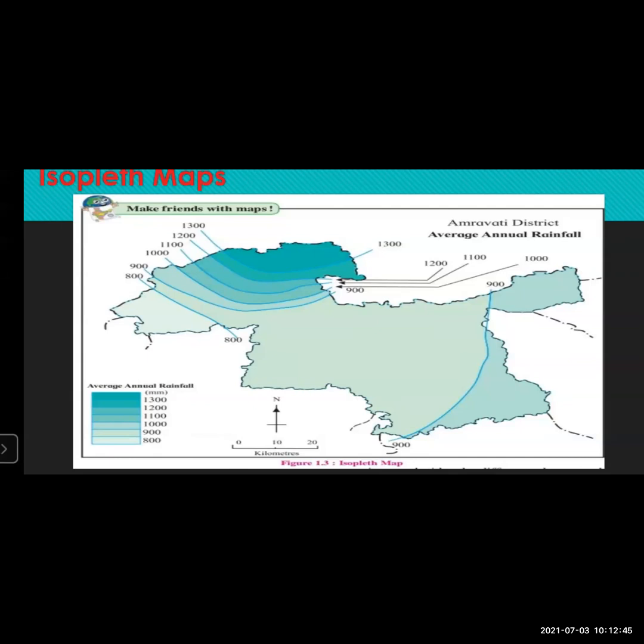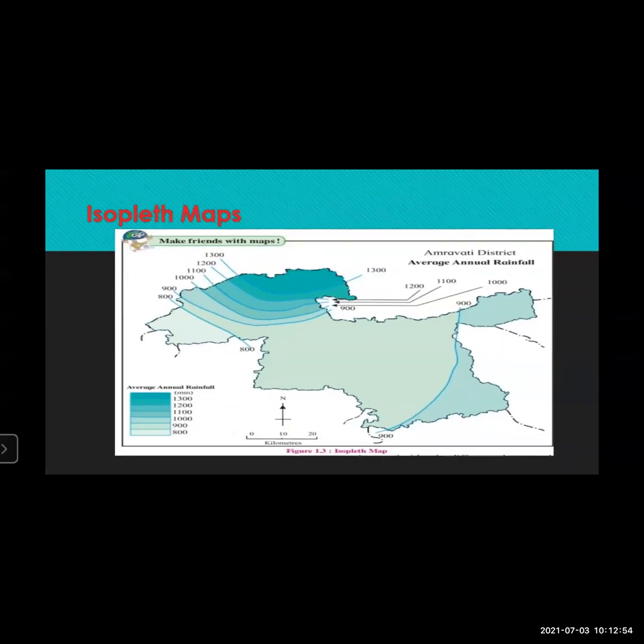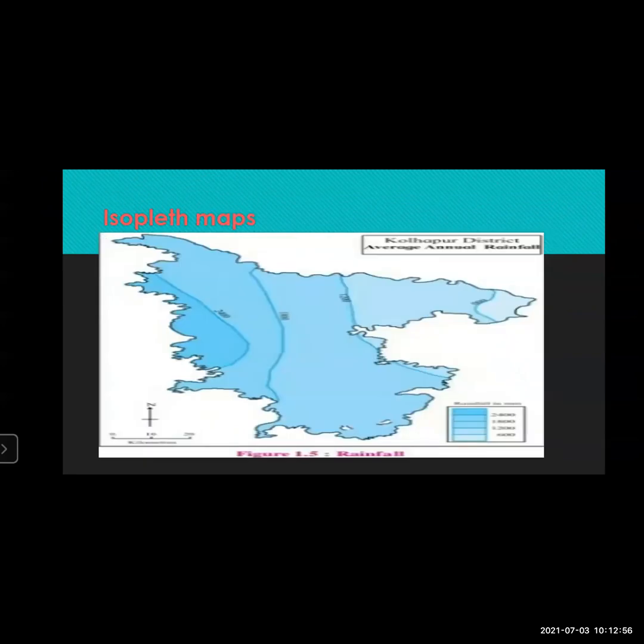Okay, we have completed what things are there. Then we'll go to the next map of isoplath. Now here one more map is there, figure 1.5 rainfall. The title of the map is Kolhapur district average annual rainfall.